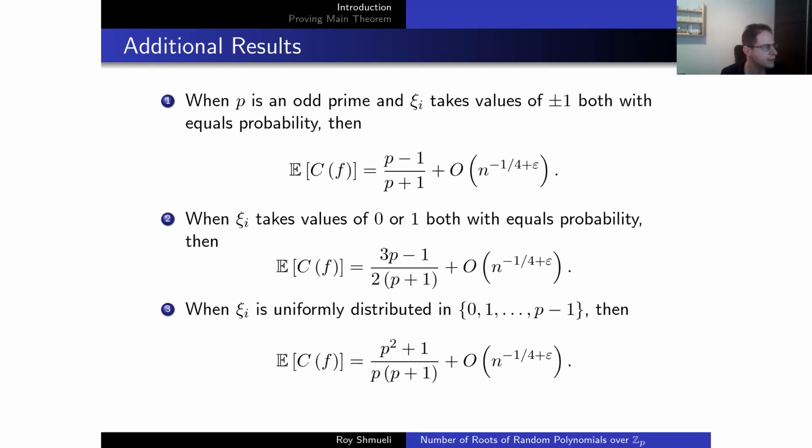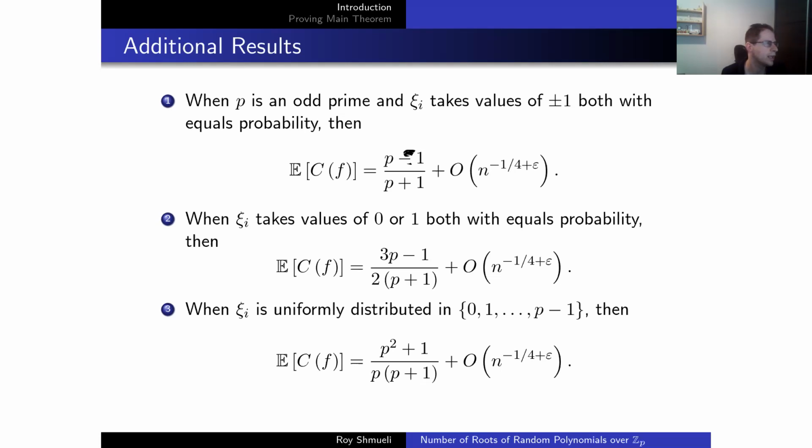The thing, as Lior said, in the case of the Haar measure, we don't have here the plus minus 1. So basically, in the Haar measure, we have more roots because of the term of the f0 polynomial, which we don't have here.